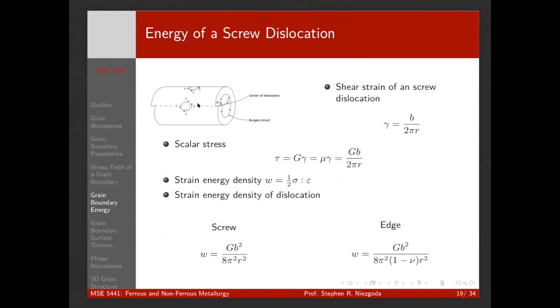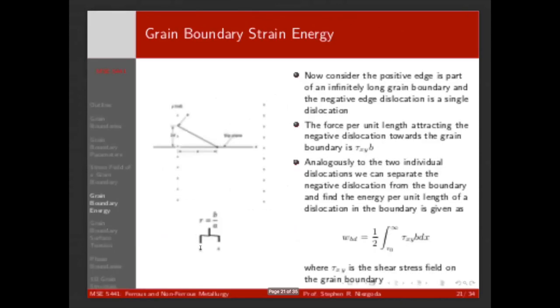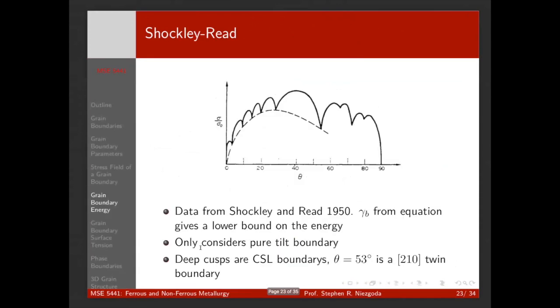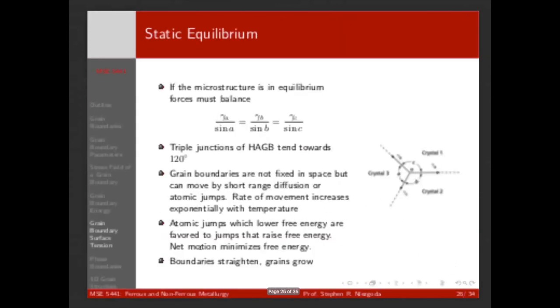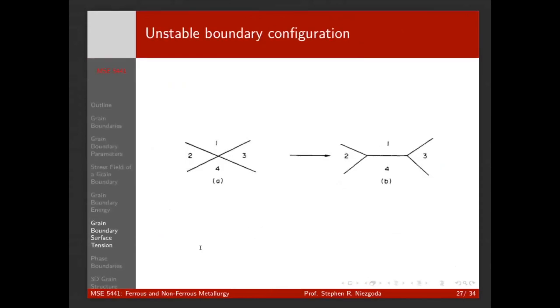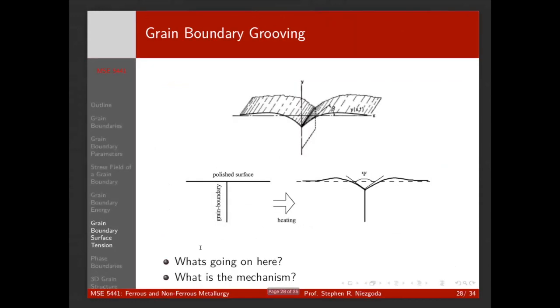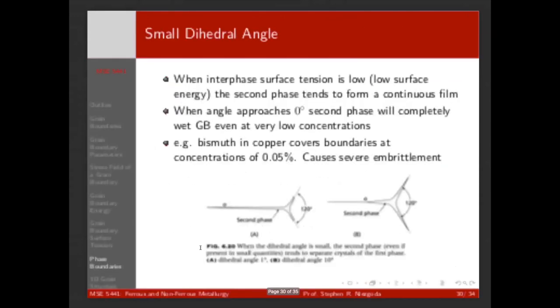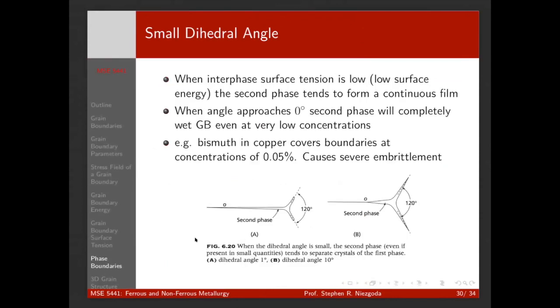All right. The energy of a dislocation is proportional to Gb squared. And understanding stable and unstable grain boundary configurations, the tensions of the interfaces.